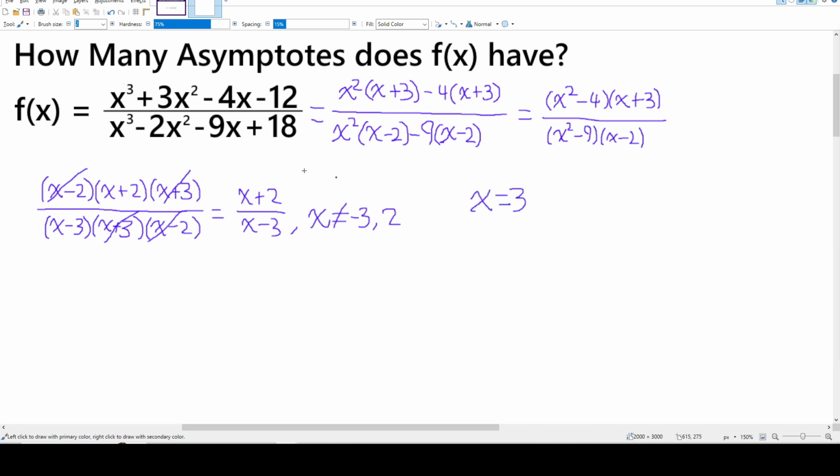And just to prove that this is true, I'm going to plot this function and this function into Desmos, so you can both see the asymptote and that they're the same function.